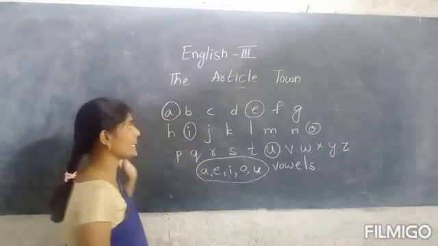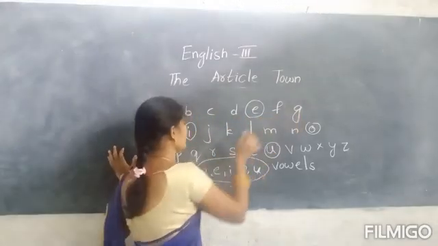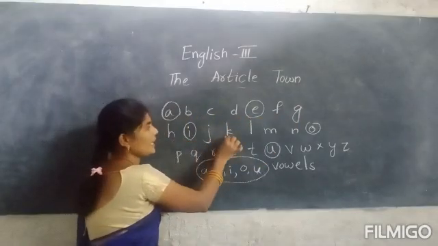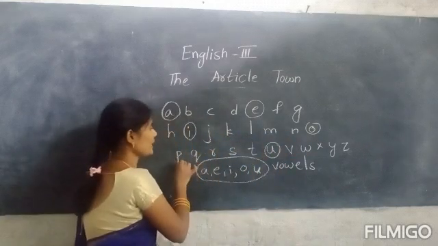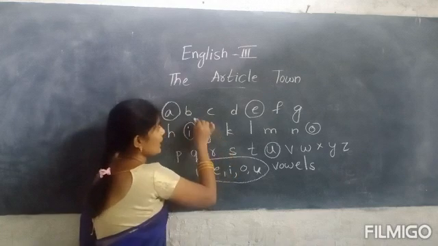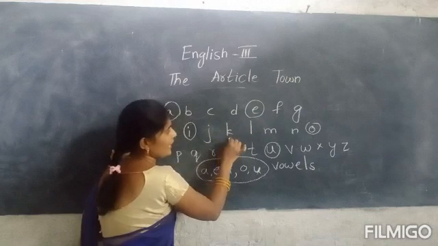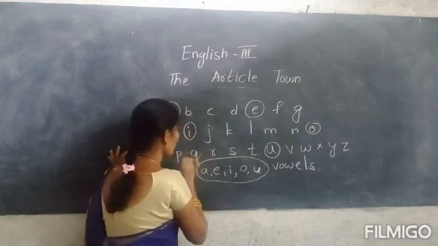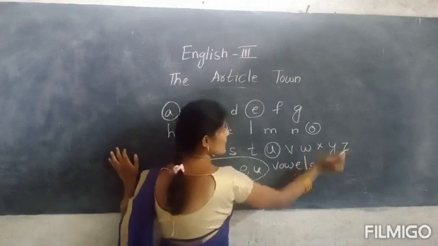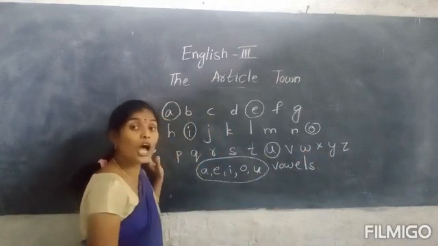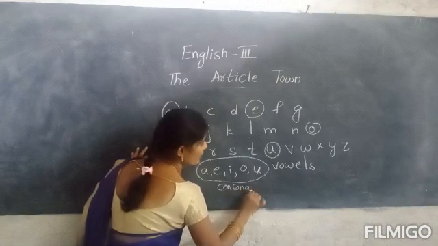The remaining letters, B, C, D, F, G, H, J, K, L, M, N, P, Q, R, S, T, V, W, X, Y, Z, are called consonants.